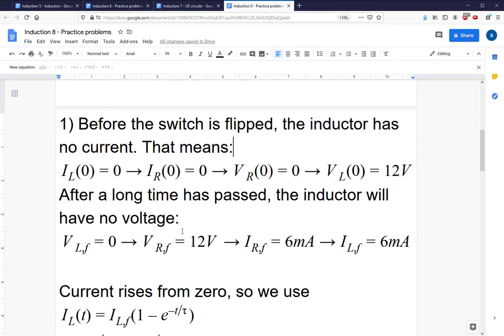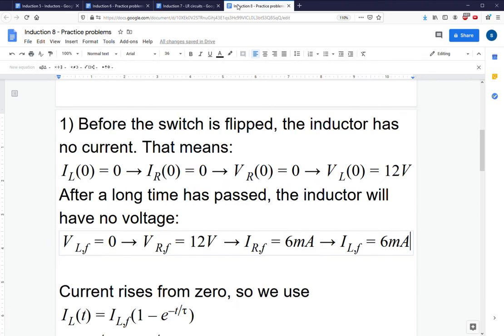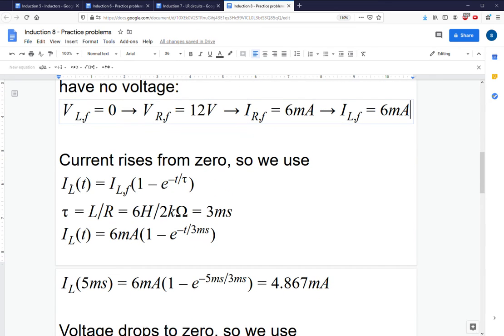So starting with current, we know that it goes from 0 to 6 milliamps. So it is rising from 0, which means we use the formula that starts at 0 and rises up, this one right here. That gives us the current through the inductor as a function of time is equal to the final current in the inductor times 1 minus e to the negative t over tau.